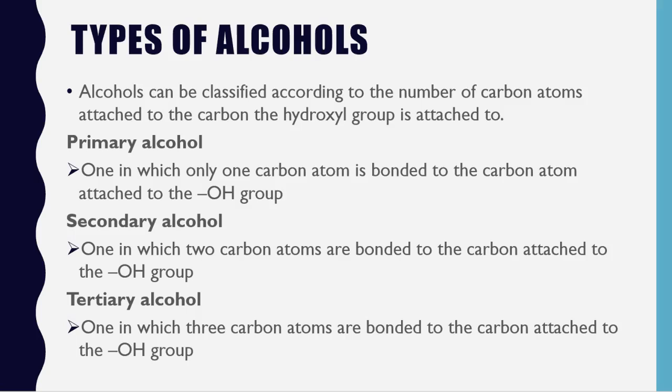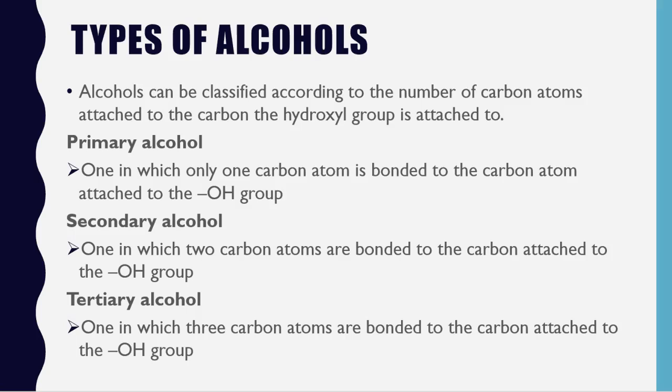So what's happening here is it's not on the ends of our alcohol structure, but it'll be on one of the ones in the middle of the structure, where that carbon that it's bonded to will have a carbon on either side. And then we've got our tertiary alcohols, and that's where the carbon that the hydroxyl group is attached to is actually bonded to three other carbons.